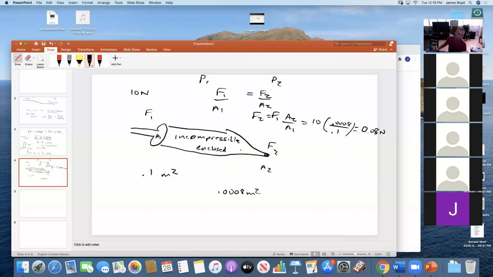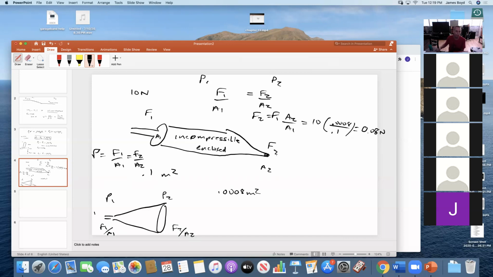We could actually flip that around and get, if we applied a little force here, right? Because the pressure at 1 is equal to the pressure at 2, and the pressure is F over A, F over A is equal to F over A. So the force at 1 and A1 and F2 and A2, let's say we flip these.